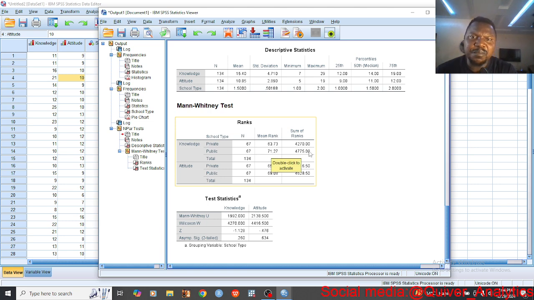So the mean rank for public school is greater than that of private school. Now, for attitude, the mean rank for public school is still greater than the mean rank for private school. So can we say these differences are significantly different? Is there a significant difference in these averages?